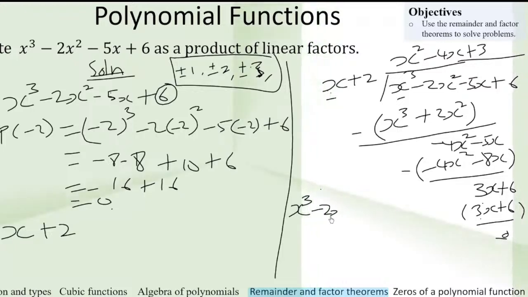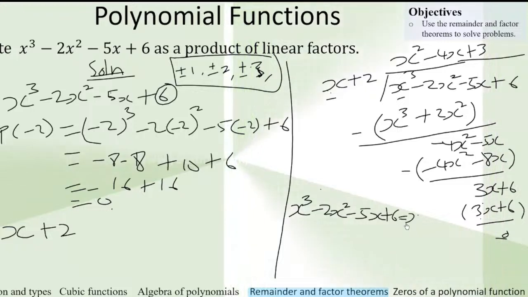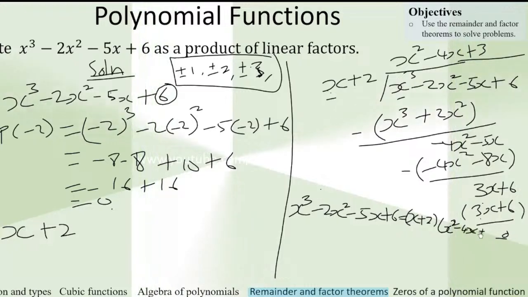So for now, our polynomial x cubed minus 2x squared minus 5x plus 6 is equal to x plus 2 times x squared minus 4x plus 3. So we can factor the quadratic expression here easily.